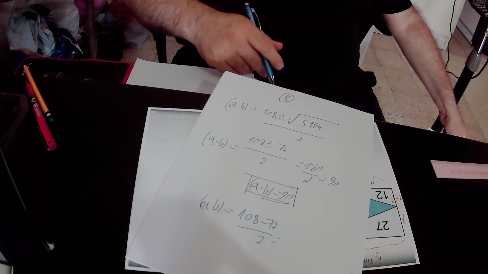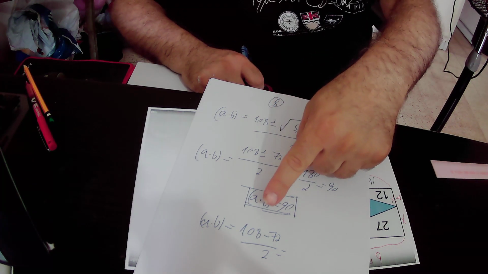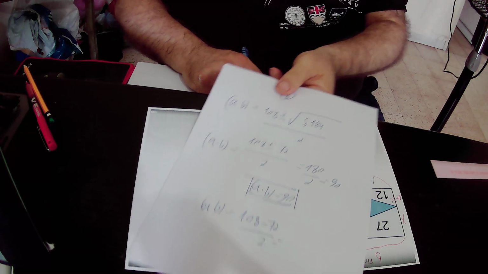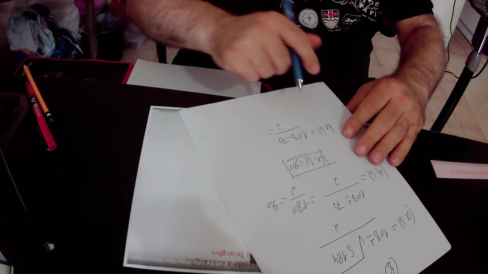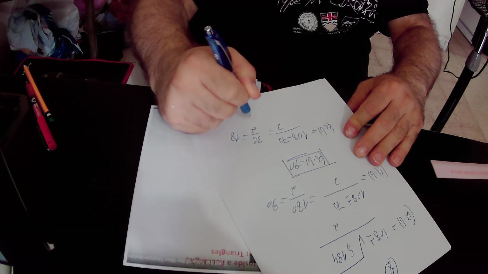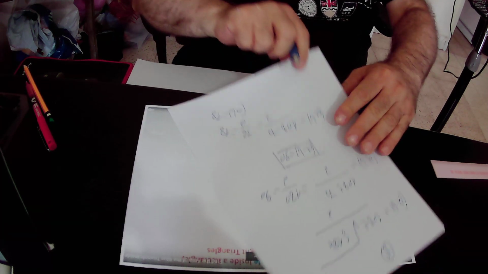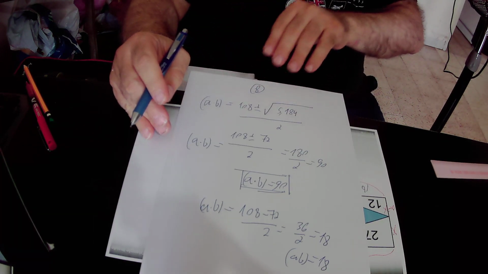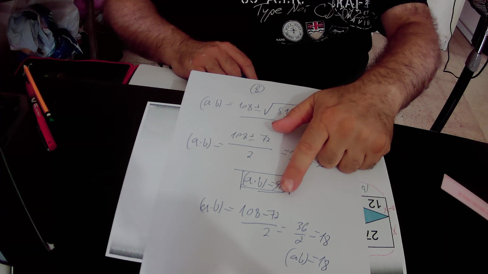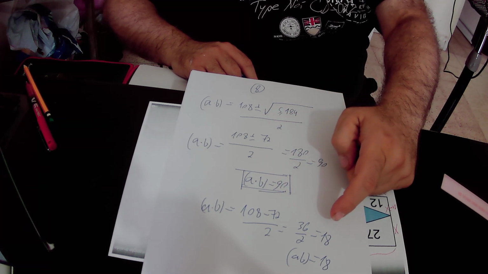So the second answer is a times b equals 108 minus 72 divided by 2. 108 minus 72 is 36, and 36 divided by 2 is 18.